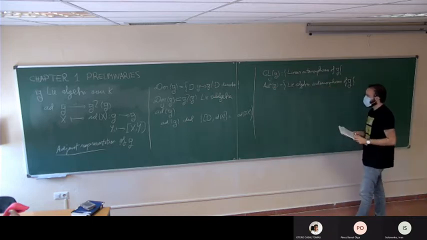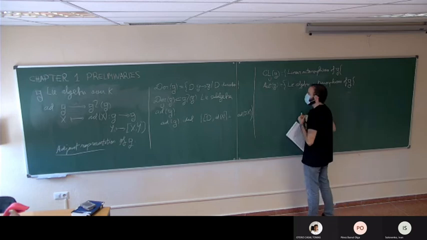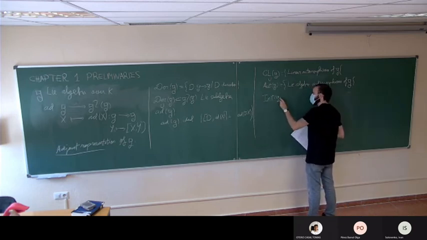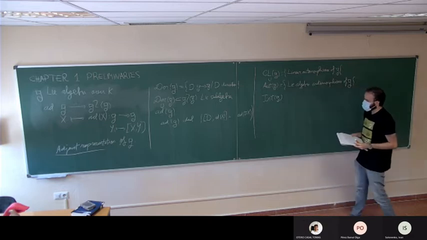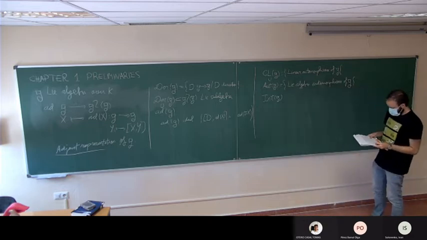We also define the group of inner automorphisms, which we denote by Int G, and this we define by means of connected Lie groups.